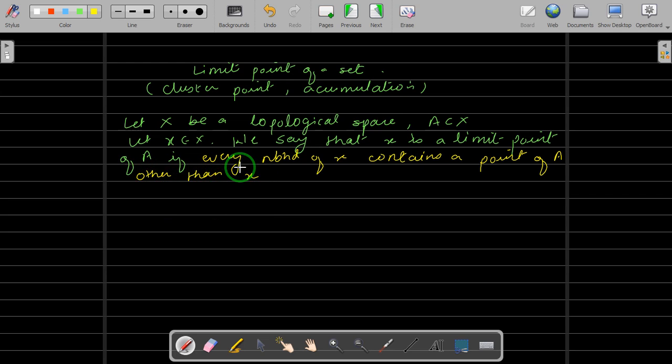Understand? So this x is a limit point of a set A if you take any neighborhood of x, it will intersect with A at a point other than x. That's how we define the limit point.